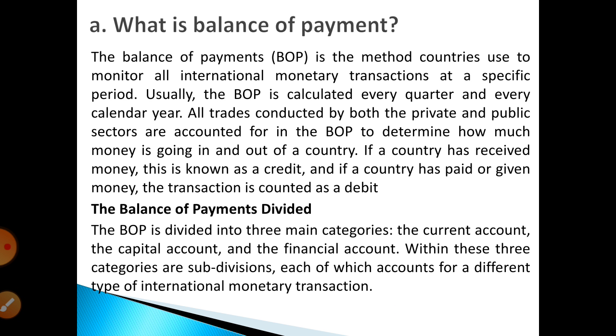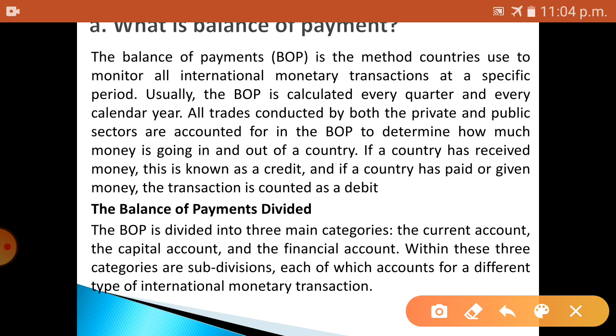First we will write what is balance of payment. Balance of payment is also called BOP. It is a method used to monitor, means to check, all the international monetary transactions at a specific period.